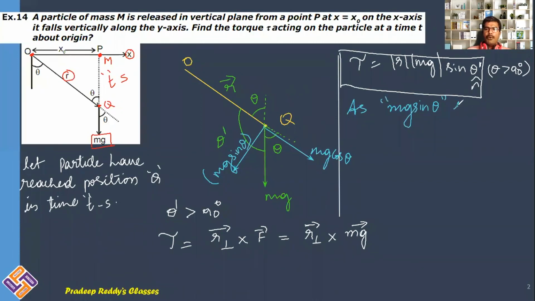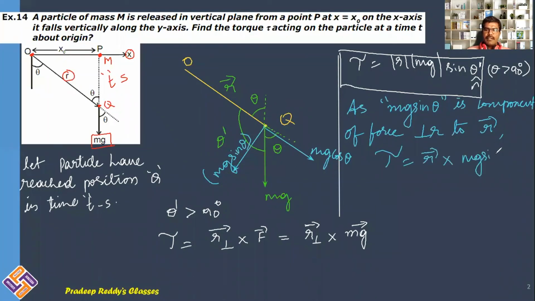With mg sin theta as the component of force perpendicular to R bar, we can write the torque tau equal to R bar cross mg sin theta.